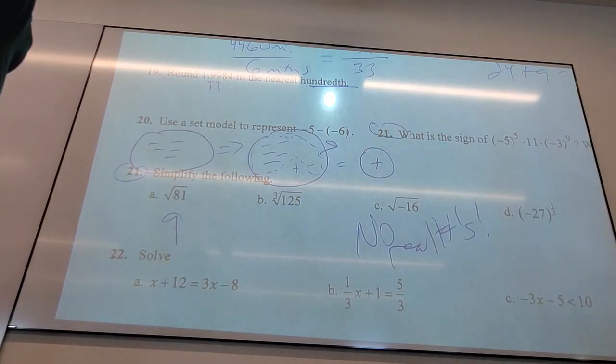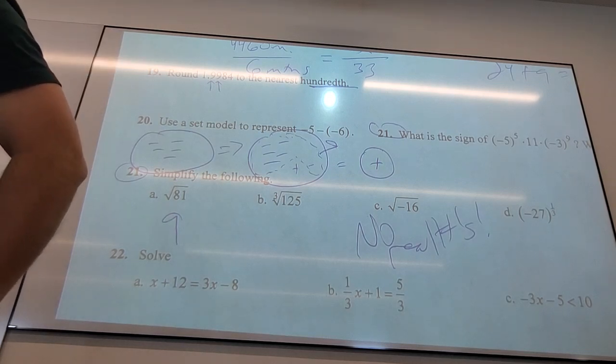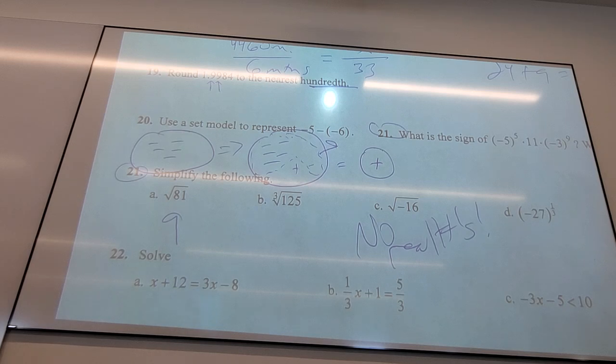Because the next number is what? What's the next number over? Find the place I'm interested in. The next number is an 8. So am I going to round up to 2.00, or am I going to stay at 1.99? The next number is an 8, which is more than 5, yes?